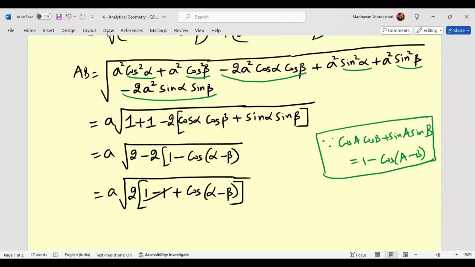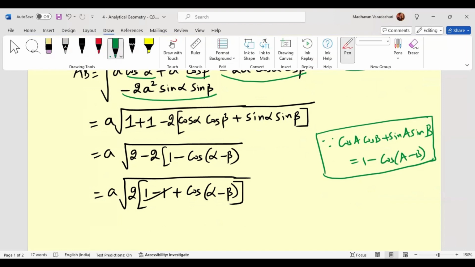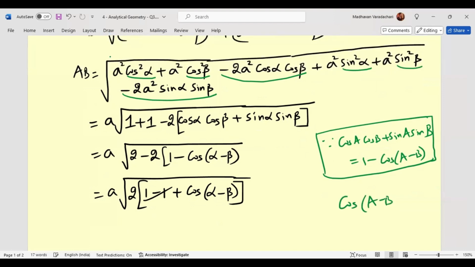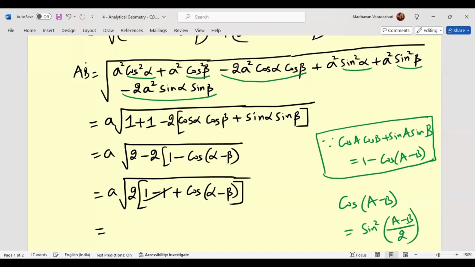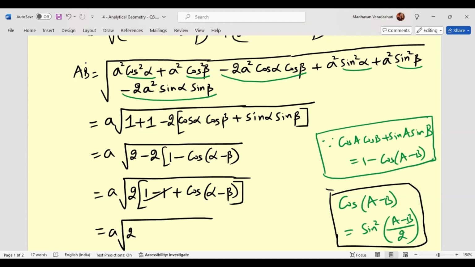1 minus cos of A minus B is nothing but 2 sine square (A minus B) by 2. So on that basis, we will rewrite this as a square root of 2 times 2 sine square (alpha minus beta) by 2.